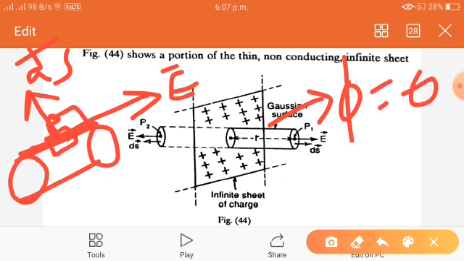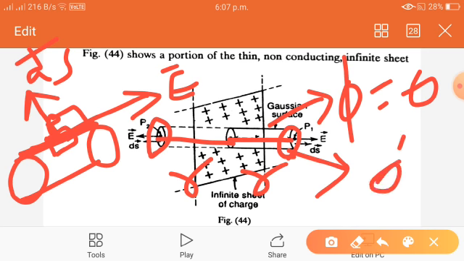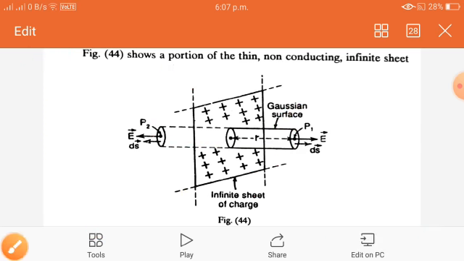So we have to calculate the flux from the two flat surfaces only, each at a distance R from the sheet.